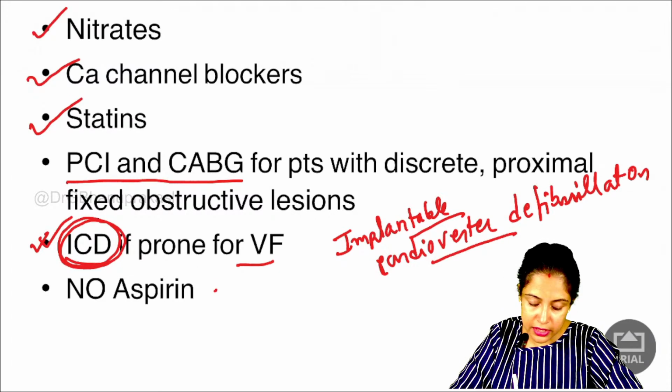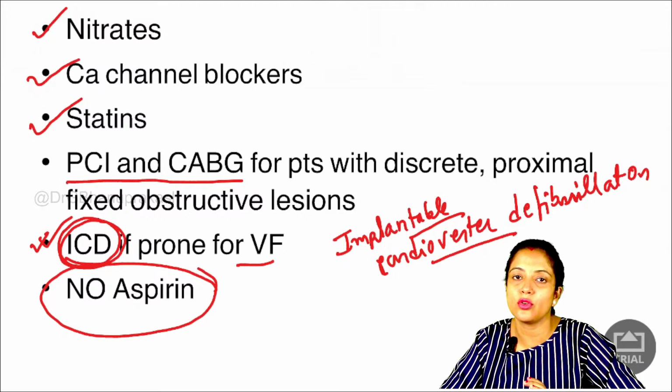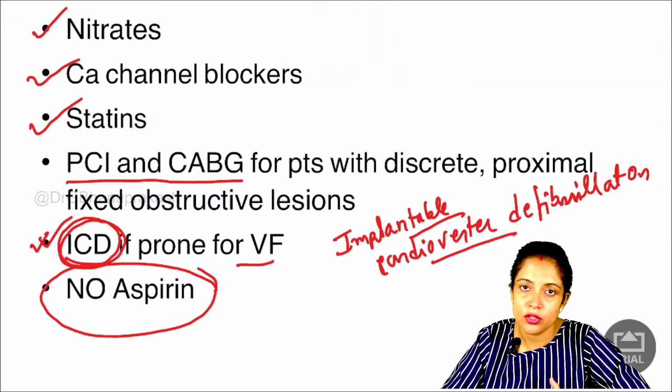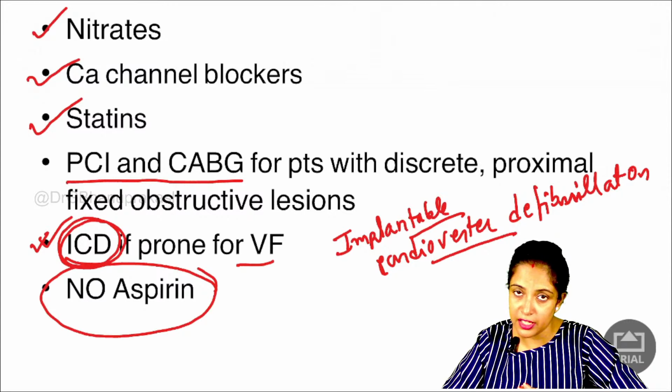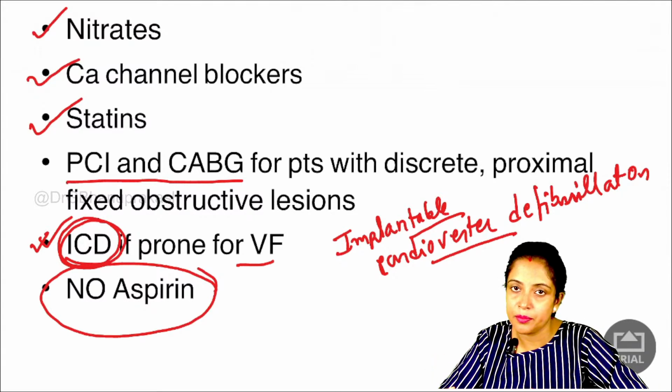Very importantly, never give aspirin to this group of people. When you are certain about the diagnosis of Prinzmetal angina, you should never give aspirin, because it may even increase the symptoms of the patient.